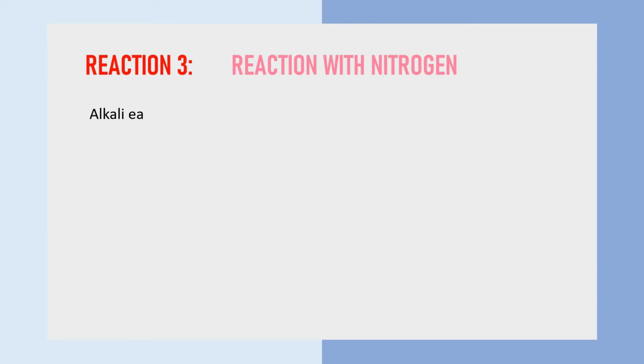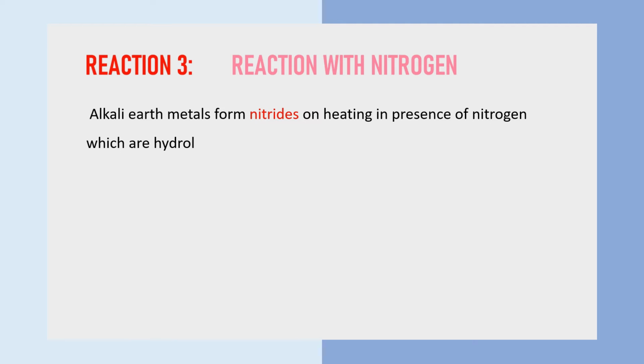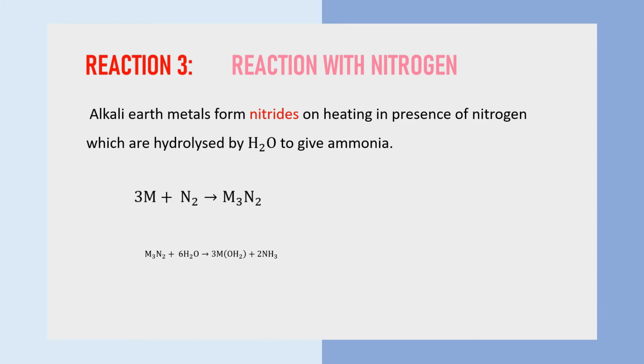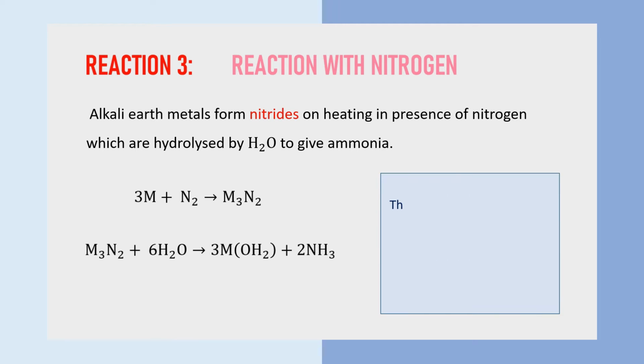Reaction 3: reaction with nitrogen. Alkaline earth metals form nitrides on heating in the presence of nitrogen, which are hydrolyzed by water to give ammonia. The first equation is when the metal reacts with nitrogen gas, while the second equation is when the metal nitride is hydrolyzed by water to form ammonia.